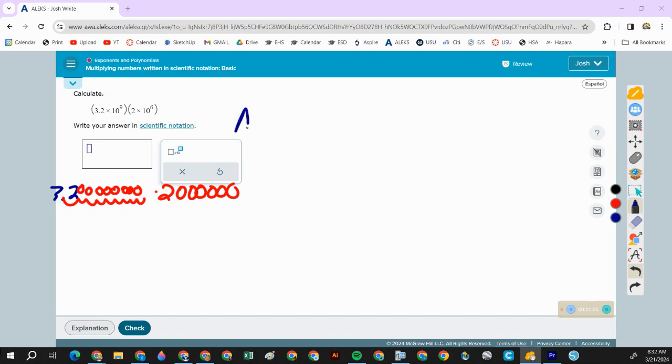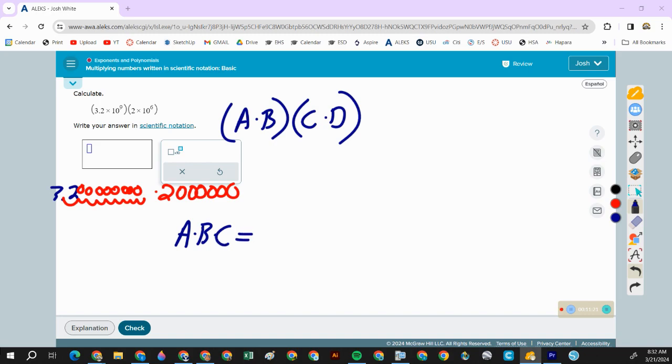So there's actually an easier way to do it. If I had A times B, and I multiplied that by C times D, according to the rules of multiplication, I can commute those variables. I can move them around, right? A times B times C is the same thing as A times C times B. The order of multiplication doesn't matter.